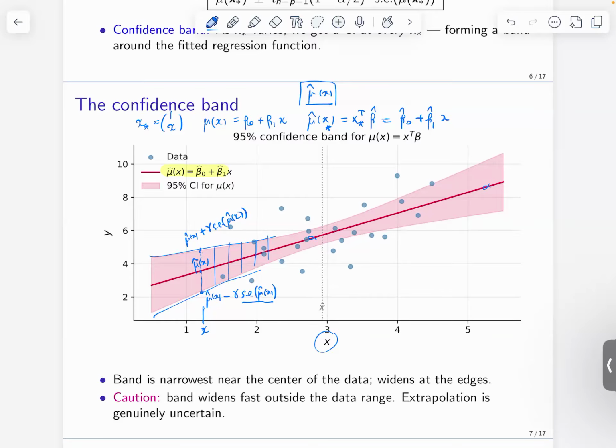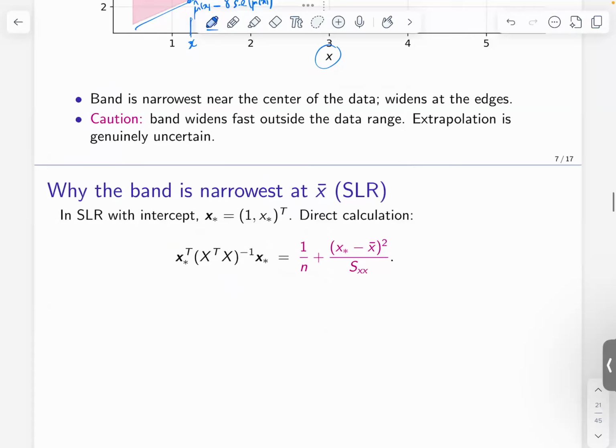So how do you get these bands? In the SLR, you can actually calculate it. As an exercise, it's on the next slide, but I leave it as an exercise for you. X would be an n by 2 matrix. You multiply things out, you get a 2 by 2 matrix, you invert it, and then X star would be 2 by 1.